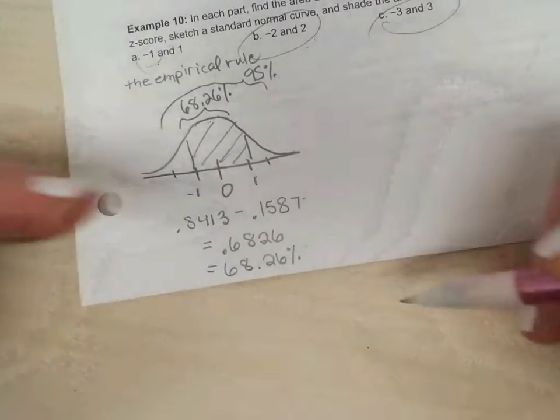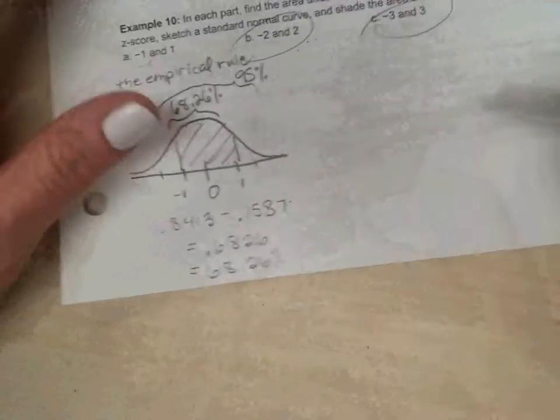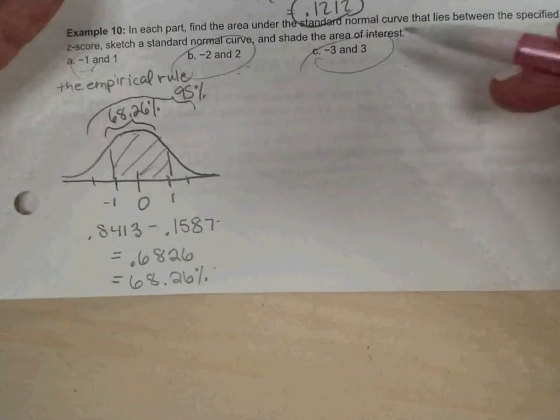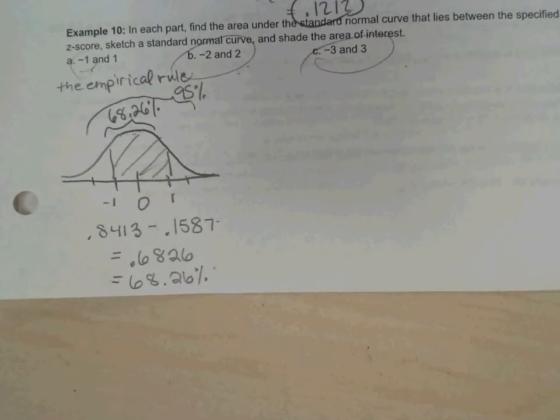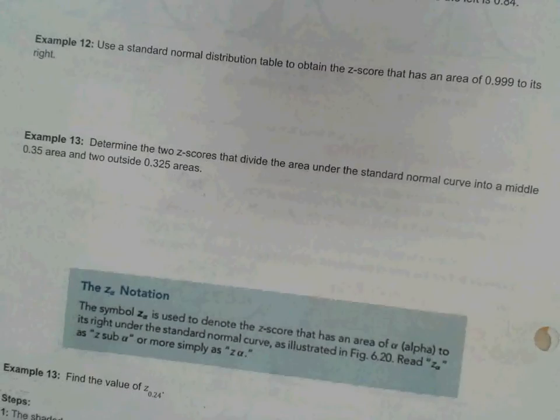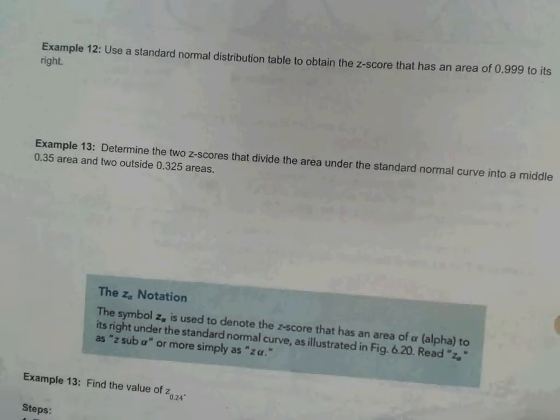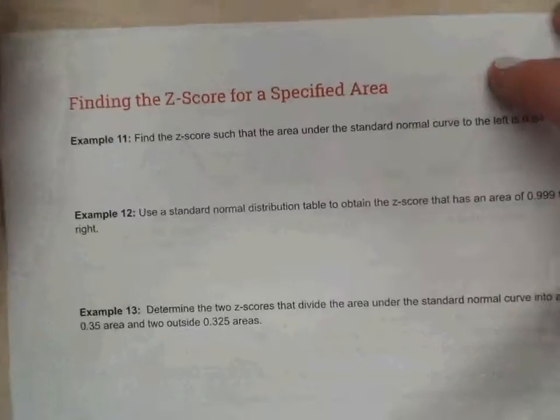There's going to be some additional decimals afterwards. And same for 99.7%, when you look up -3 and 3 on the table and then subtract. So it's kind of neat when you get to dig a little deeper into some of the rules that we just tell you this is what it is, and now you get to see where it comes from. It's always nice in math.